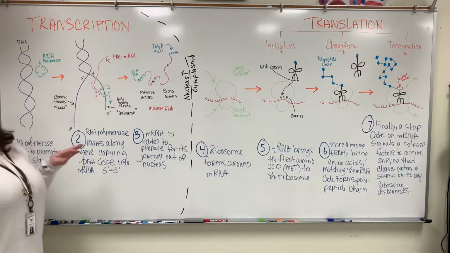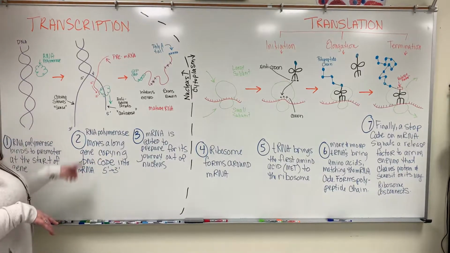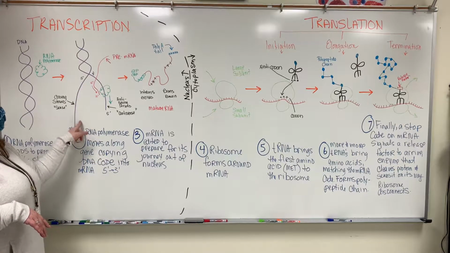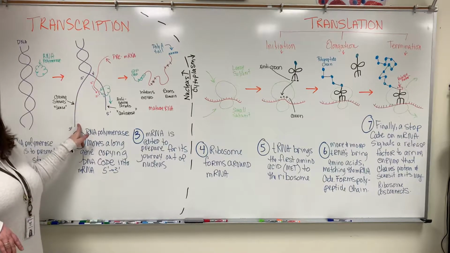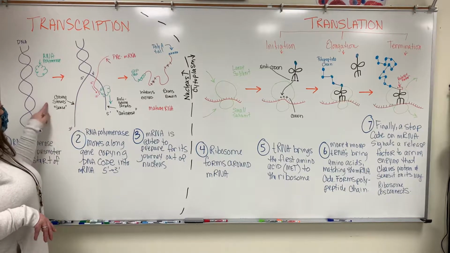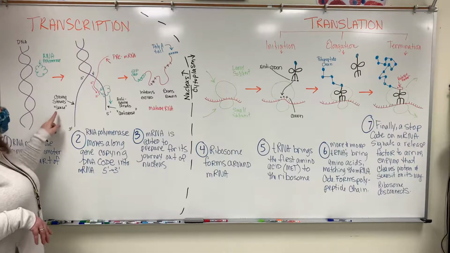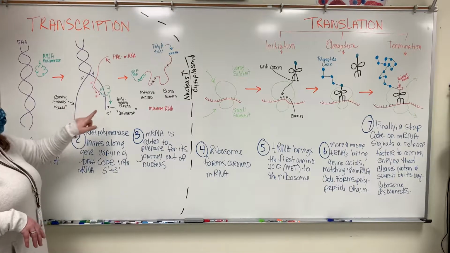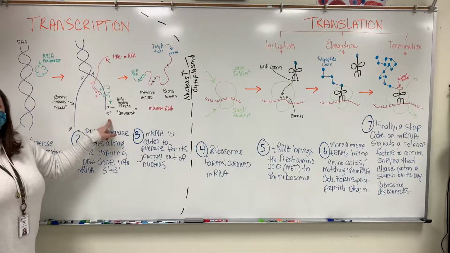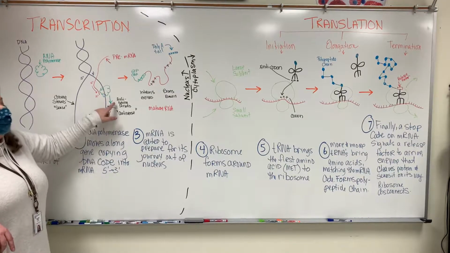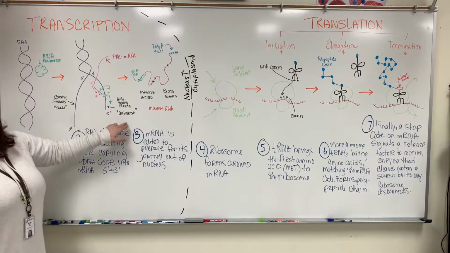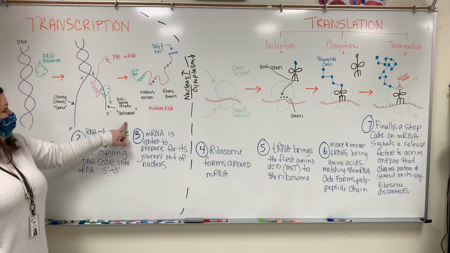Now, this part doesn't make a whole lot of sense. The part that is not being used by the RNA is called the coding strand, or the sense strand. The part that is being used by the mRNA is called the anti-coding strand, or the antisense, okay?